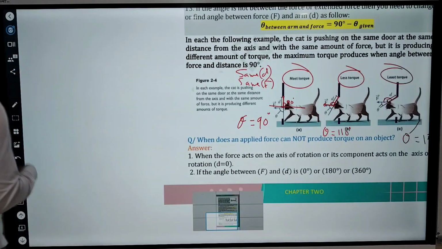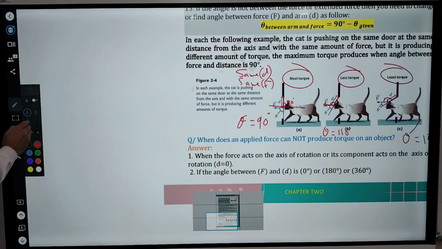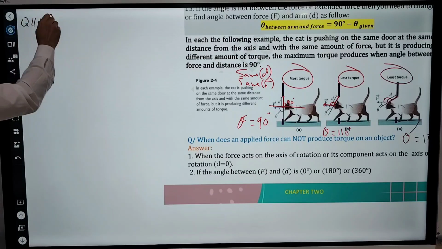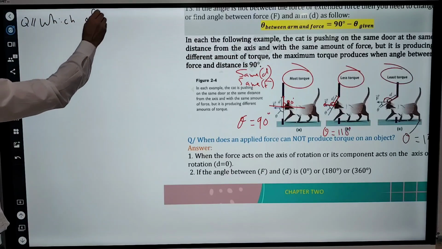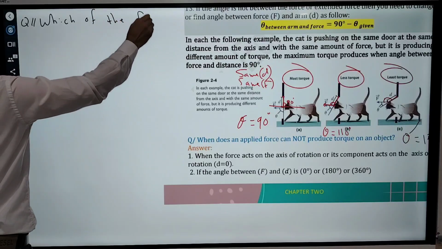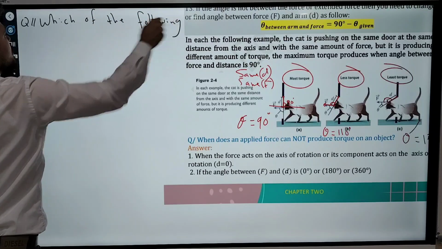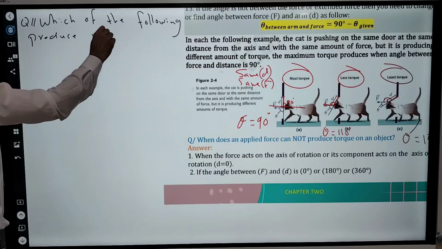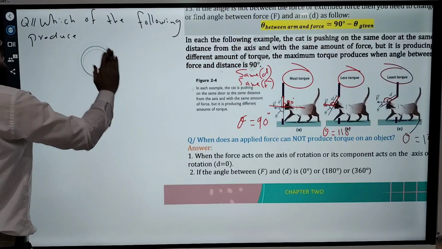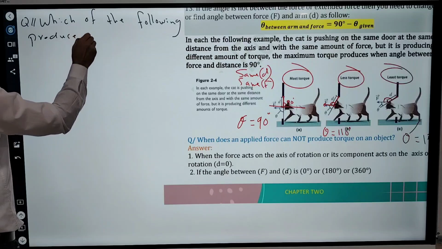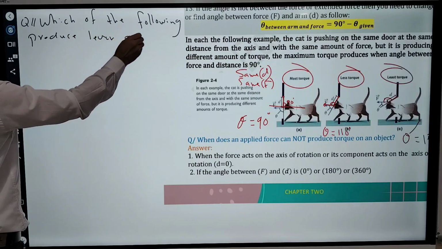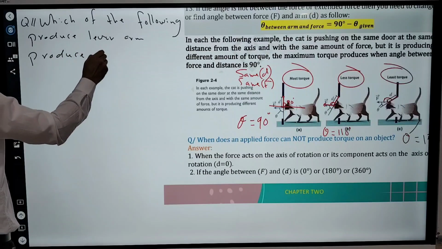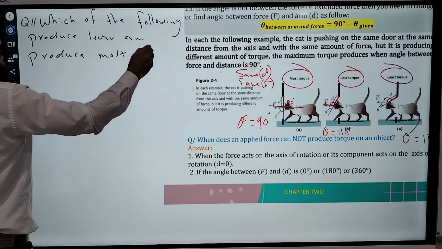If you see this question in the Wizari exam, look, which of the following levers produces the most torque?